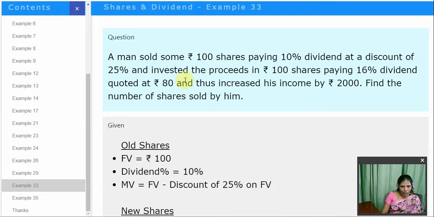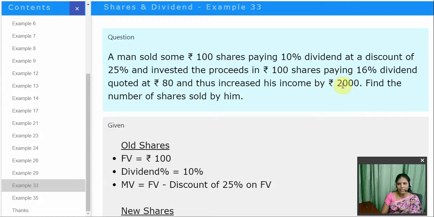That amount is the sale proceeds. With that amount, again he is investing in the market, which the face value is 100 rupees. 16% is the dividend, and what is the market value of that share? It is 80.